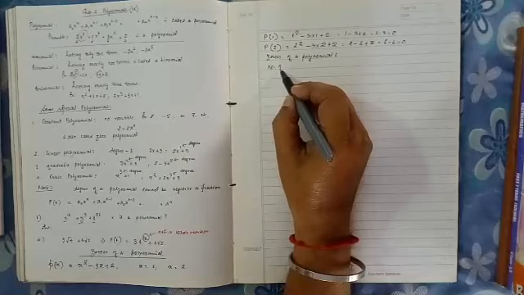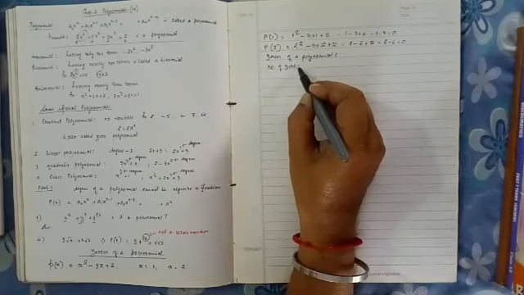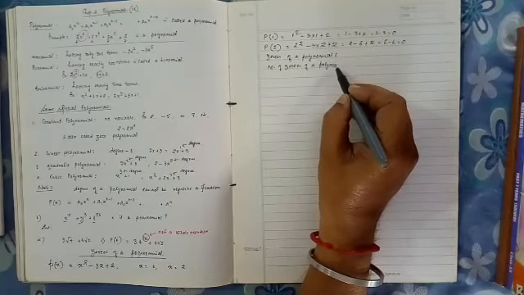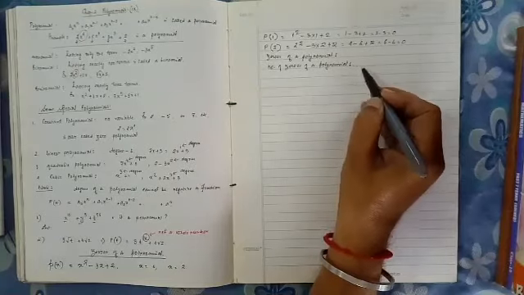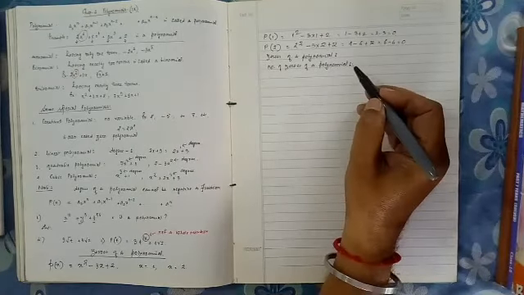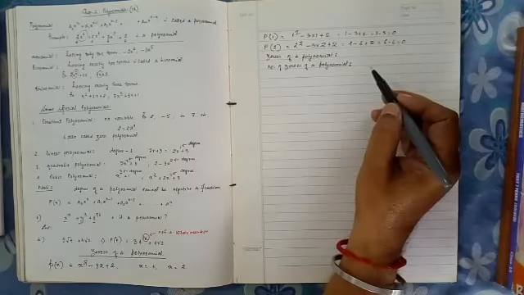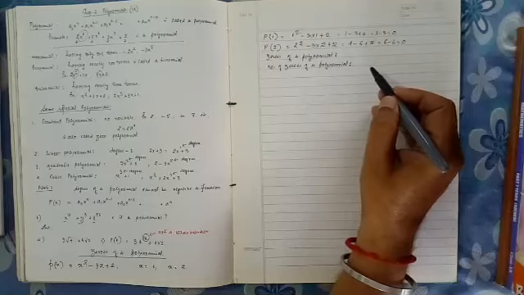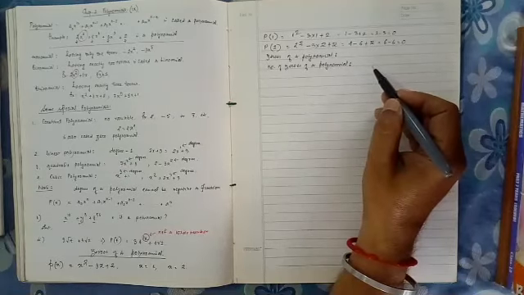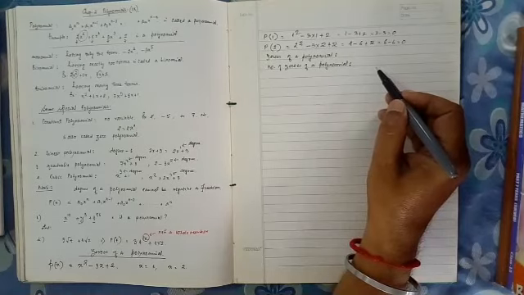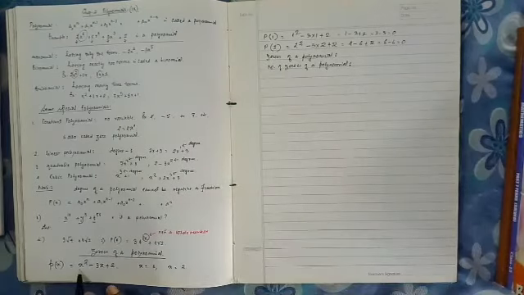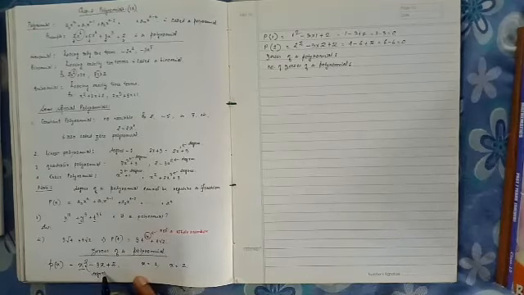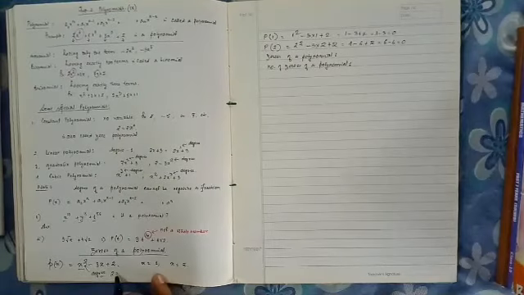Number of zeros of a polynomial. How many zeros can a polynomial have? A polynomial can have zeros as many as its degree. Let us see what is the degree of the polynomial. 2. Degree is 2, so it should have 2 zeros.